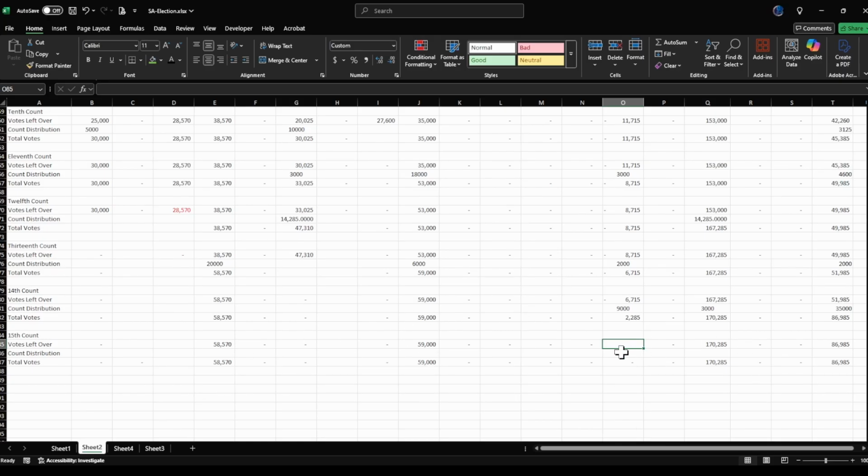So assuming that that goes through, we now look at the last numbers here for the seat. There's really no use in expiring anymore because we have a clear and present winner with 170,000 votes here. And no matter how we split these votes up, we're not going to get enough votes.